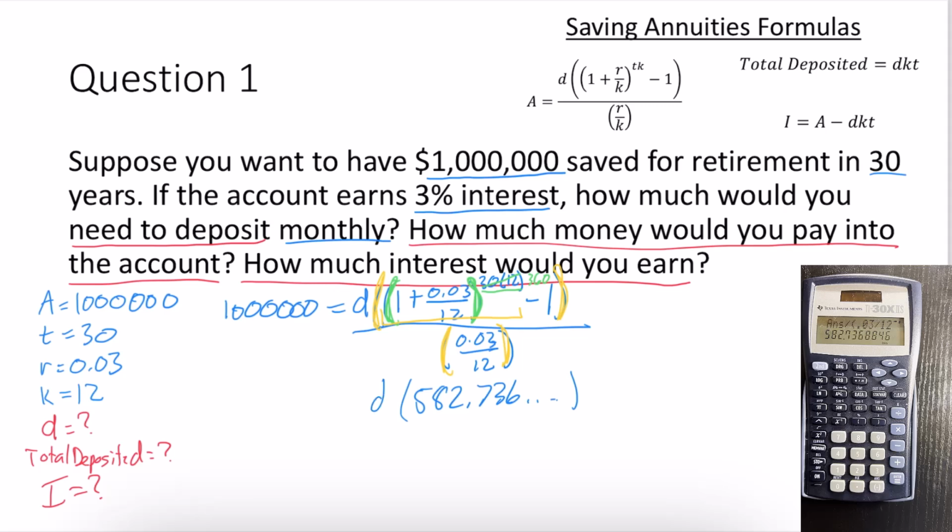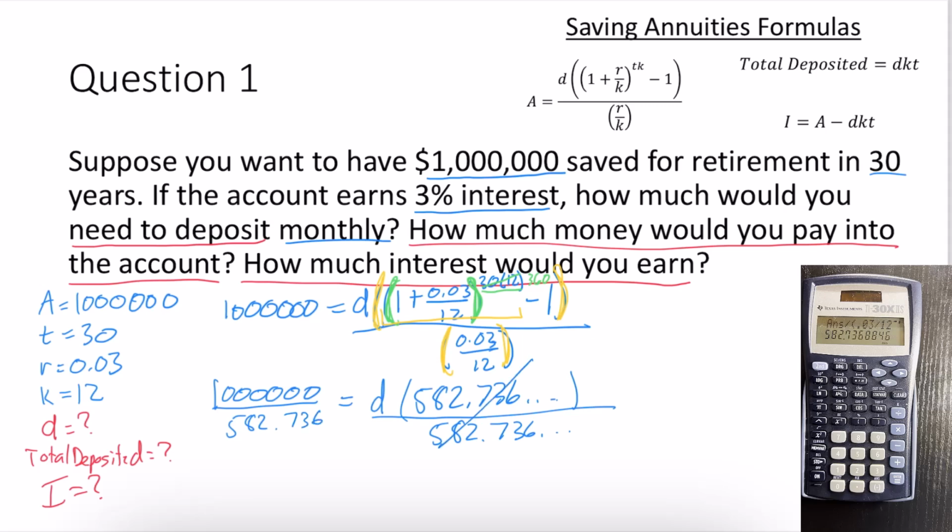But that number is multiplied by D, and that gives you $1 million. So to find out what D is, which is the question we were asked because we want to figure out how much you need to deposit every month, you're going to divide both sides by $582.736, etc. So divide both sides by that.